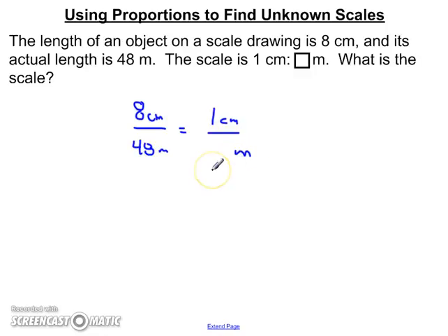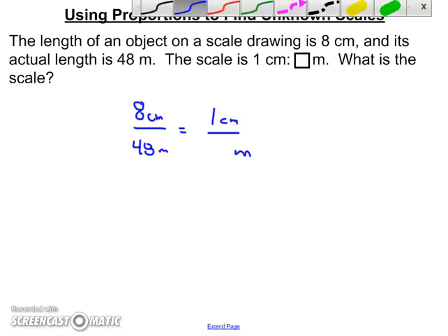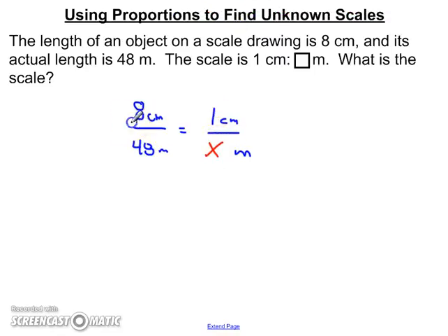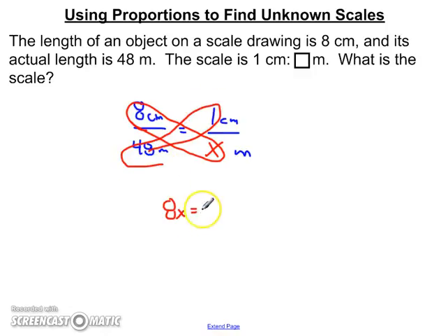Now we have choices in this particular case. One, I hope you realize that if we simply divide by 8, 8 divided by 8 is 1, 48 divided by 8 is, okay, and we could fill in the blanks. Or we could use x and do our cross products. My point is you have options for how to deal with this.